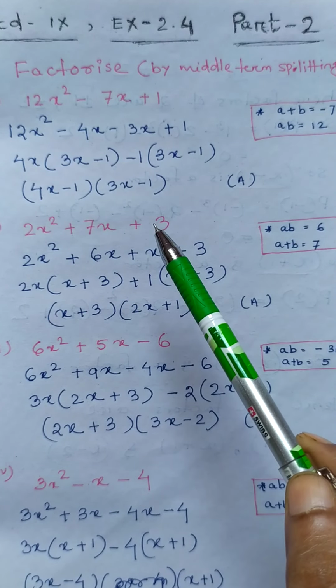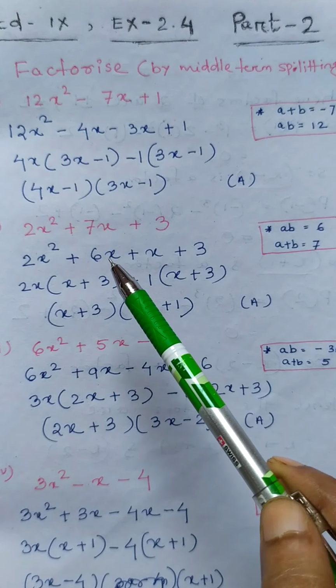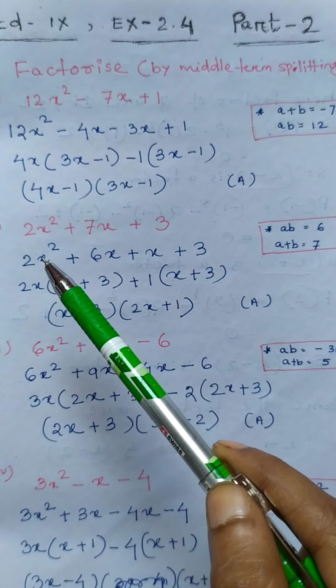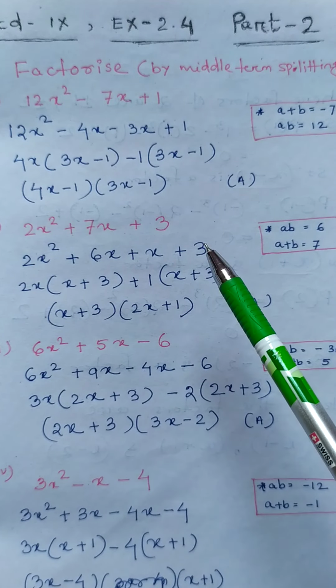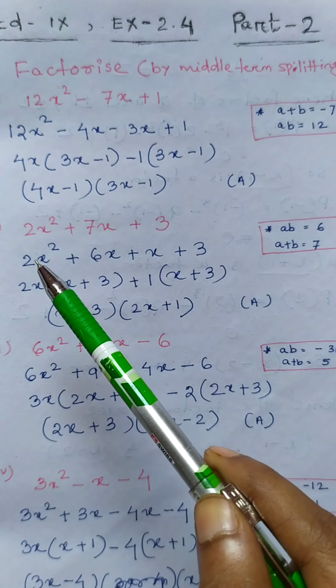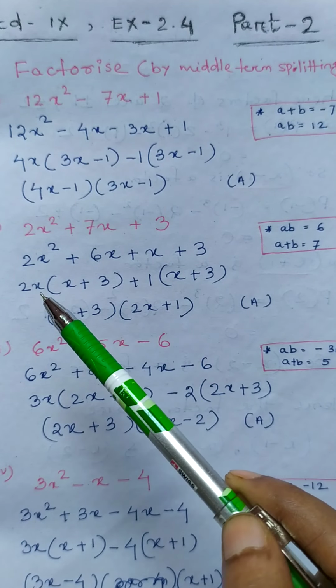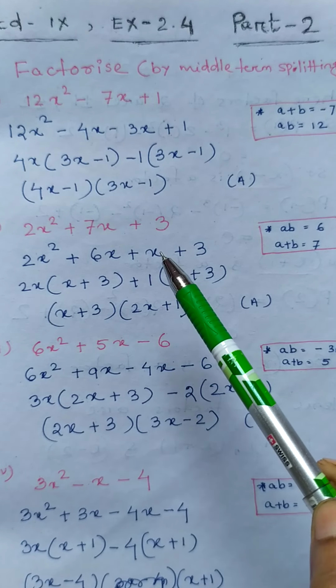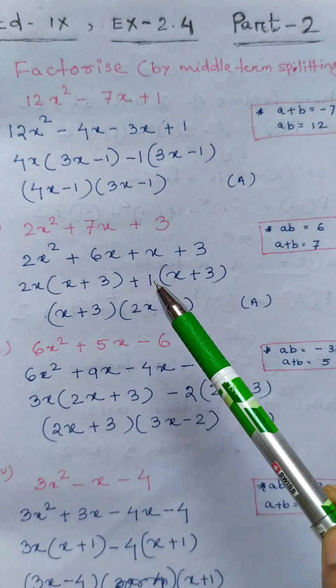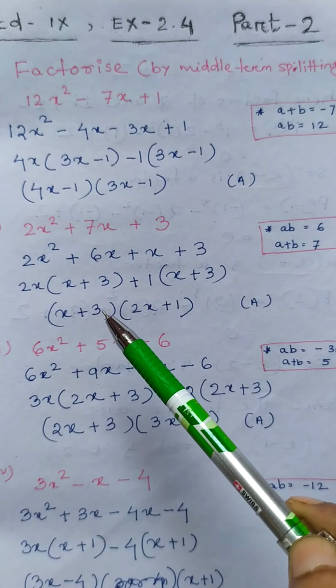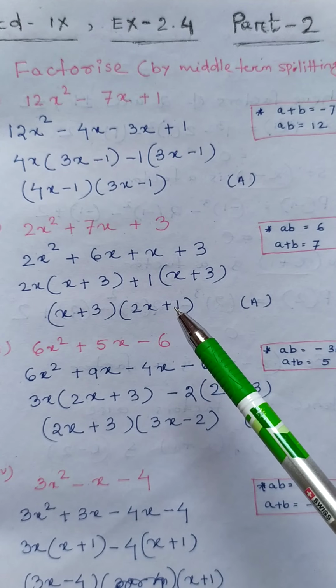So two such numbers are 6 and 1. So 6x plus x is replaced in place of 7x, and the other two terms 2x square and 3 remain. From the first and second terms we take 2x as common, while from the third and fourth terms we take 1 as common. So here we have x plus 3 whole into 2x plus 1.